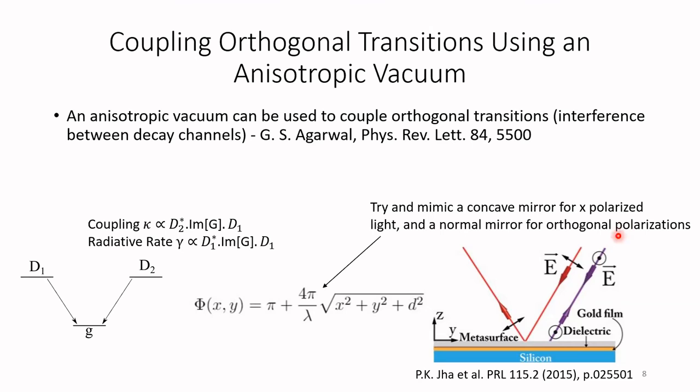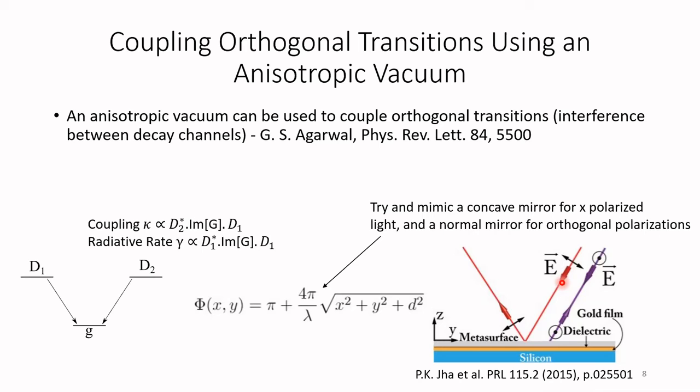And because it destructively interferes, the X component of the fields as seen by the emitter is going to be a lot lower than what it would have been if the metasurface wasn't present. So in this way, I've actually suppressed the X component of the electric field at the emitter.